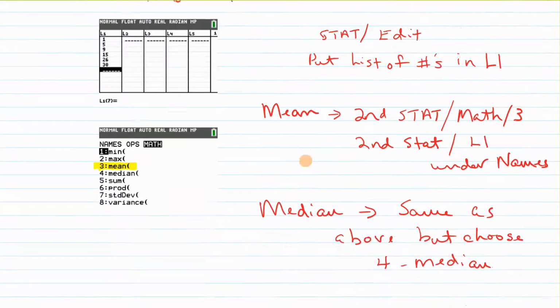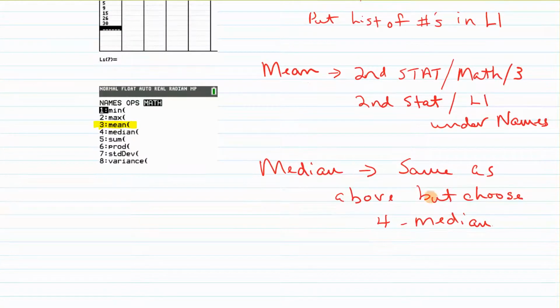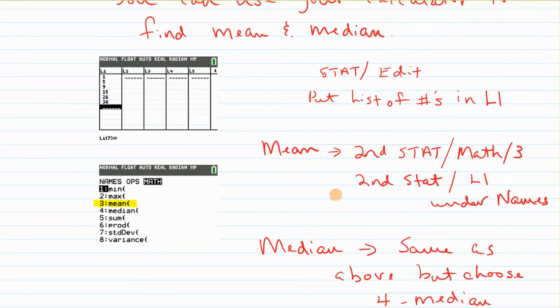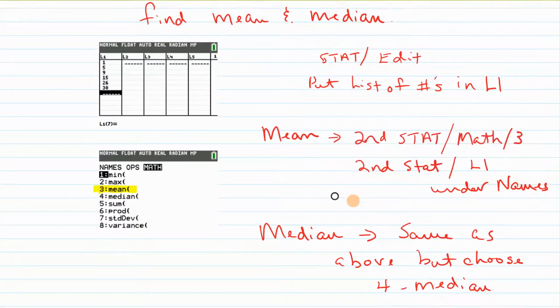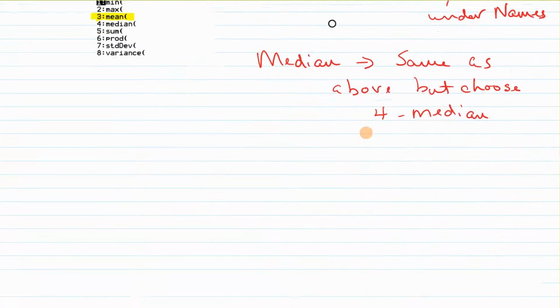And if you want to find the median, same as above, but choose 4 median. So, I think that might help you do some of those. And I think that's all the notes we have. Let's look at the problems.